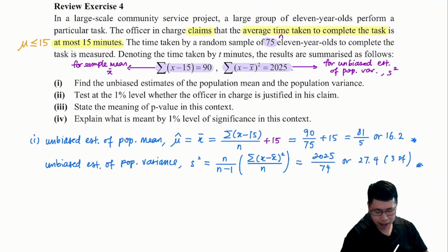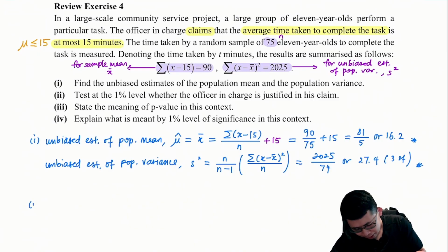Then the unbiased estimate of population variance, because they give us the difference from the mean, we're going to use the other form in MF27, and we can cancel the n, so it's just 2025 over 74. Okay, so this is for part 1.